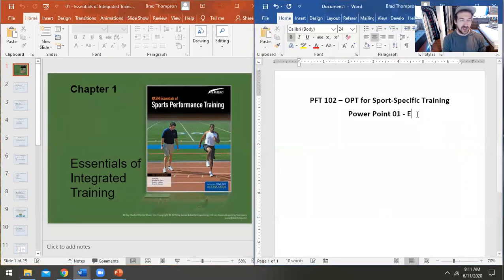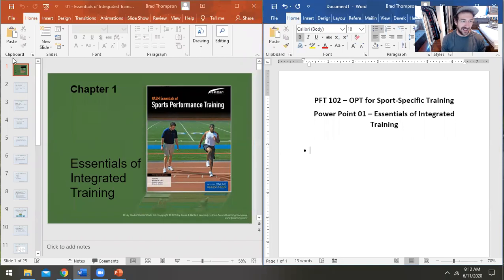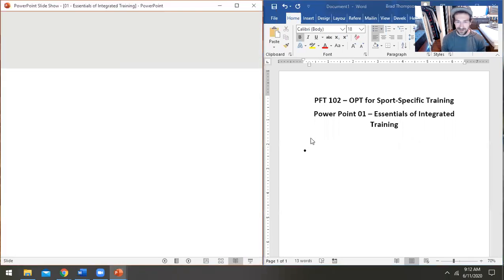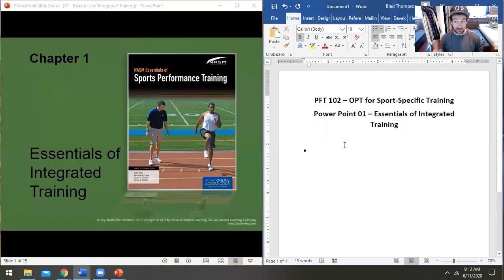And this is essentials of integrated training. Oh, I'm so excited. I love this class. Although this first PowerPoint is kind of silly, mostly because it has a lot of definitions that come up again later anyways. Let's see how many things I remember to not put in your notes. That's actually the key here, is to not put them in your notes too early.